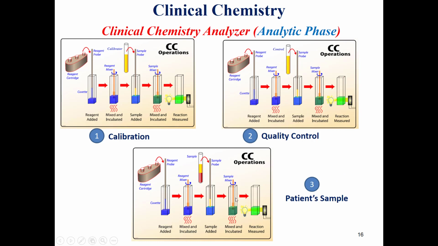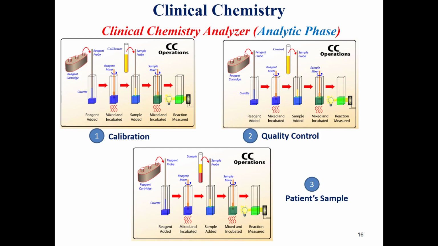After the verification of the results, we can now start the measurement of analytes in the patient sample. As we said, the calibration, quality control, and patients have the same steps. The only difference will be whether a calibrator, a control, or a patient sample will be used. So the reagent will be added, mixed, incubated, then either a calibrator, control, or a sample will be added.